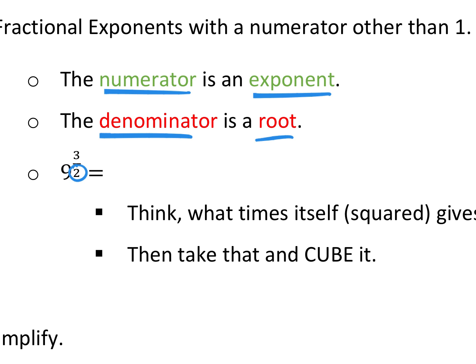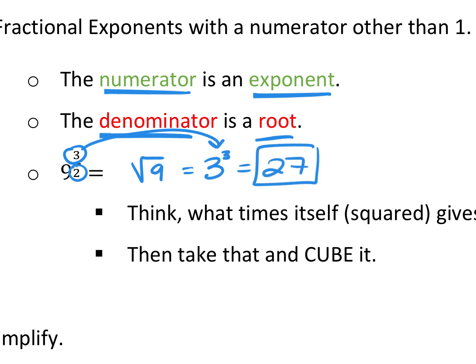When it's a 2, that's a square root. This is easiest to say the square root of 9, which is what? The square root of 9 is 3, okay? And then attach your power. 3 to the 3rd is 27. 3 times 3 times 3 is 27, okay?